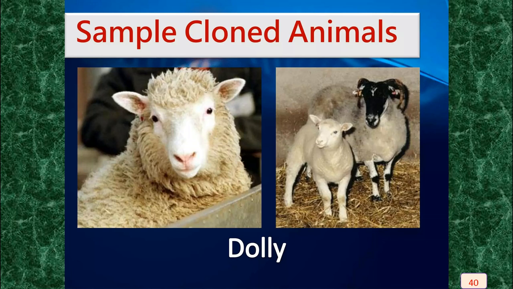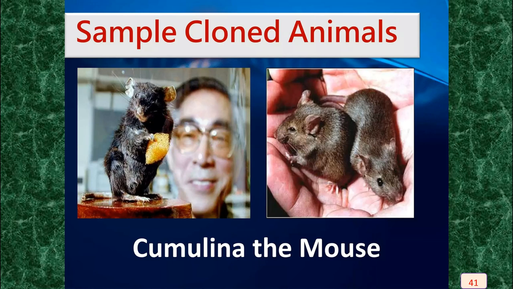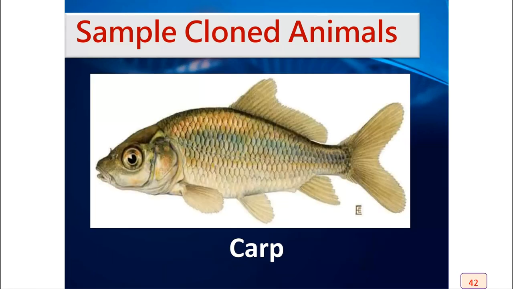So Dolly is one of the animals cloned by scientists. Then Prometea, the mouse, has also been cloned by Japanese scientists. Sample cloned animals: the carp is also one animal.